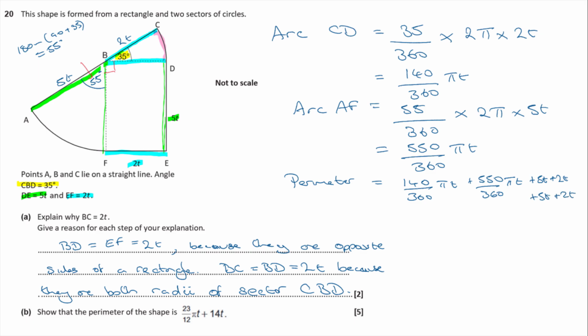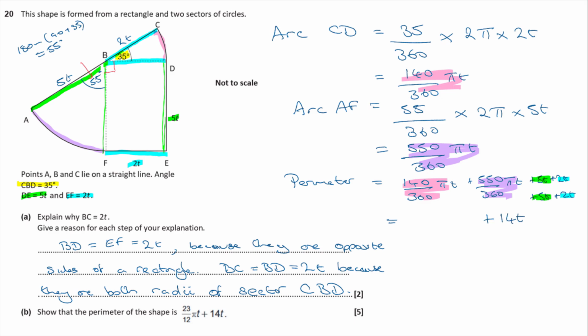This bit here is the pink bit, and then this is the purple bit down here, which we calculated here, which I've written here, and then I've got two green lines and two blue lines. That's where my perimeter comes from, all the bits. So adding that all up, the 5t and the 2t and the 5t and the 2t just sums to 14t, doesn't it?